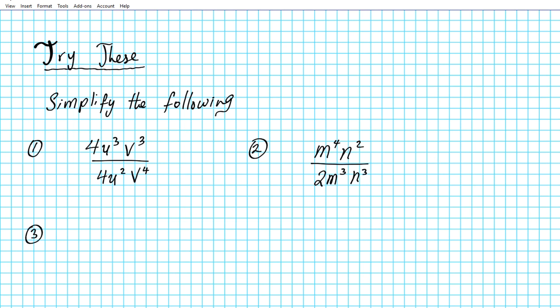Number 3, what if you have 4a to the third power c squared divided by negative 2a to the negative 4b to the third. And then lastly, what if you have 3q to the fourth r squared divided by p to the third q to the negative 3 r to the negative 3.